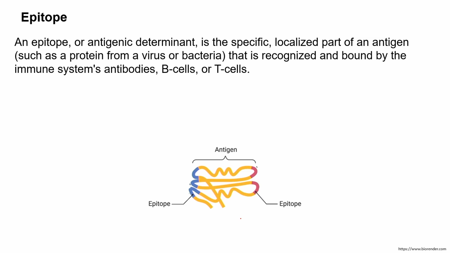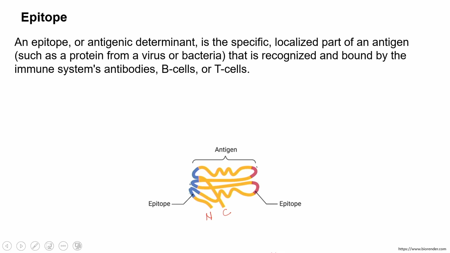Let's look into this structure of an antigen here, which is a protein structure. These are a chain of amino acids in the form of a protein, and this could be an N terminal and this could be a C terminal. We can see that there are multiple folds of the protein available.